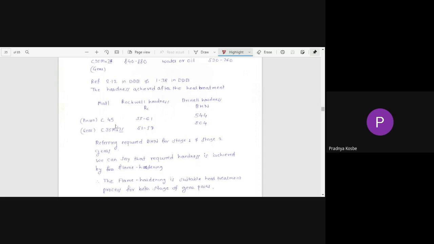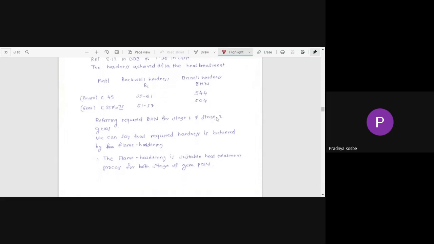So for a pinion which is C45, the Rockwell hardness is 55 to 61 and the Brinell hardness is 544. For a gear, the material is C35 Mn75, the Rockwell hardness is 51 to 57 and the Brinell hardness is 504.